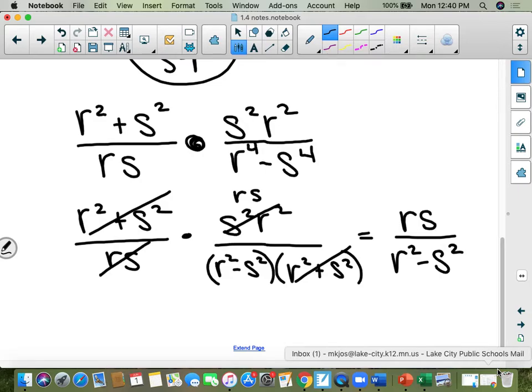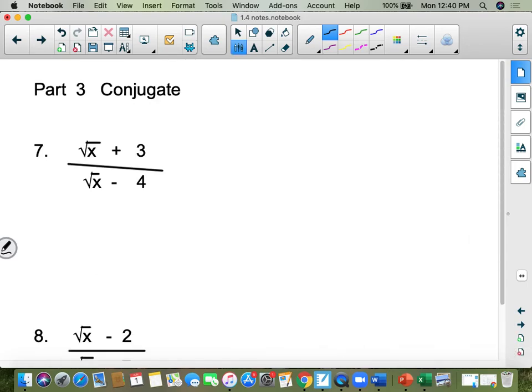Okay, last part for this chapter is called a conjugate. So you learned in math at the beginning of this chapter, in 1.2, that you cannot leave a radical in the denominator. So I'm just going to show you, don't do this, just watch.